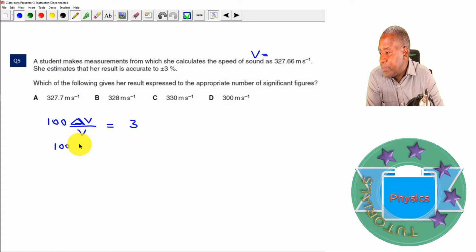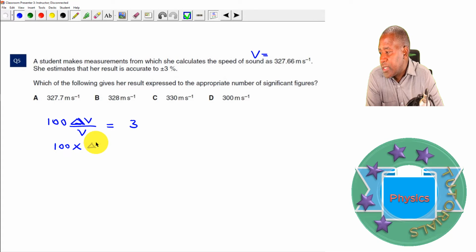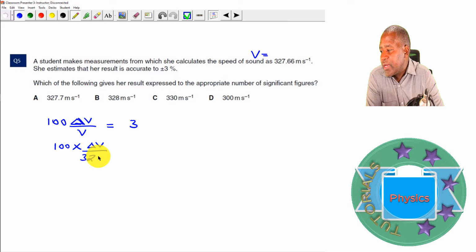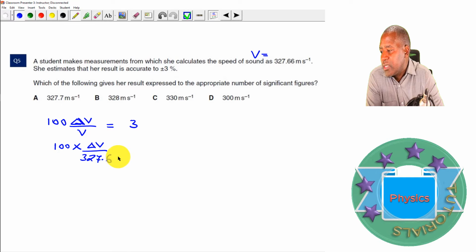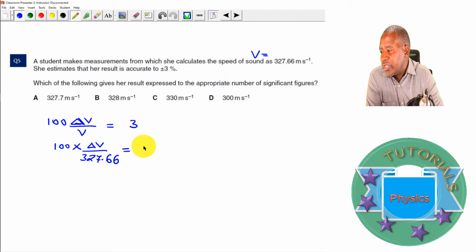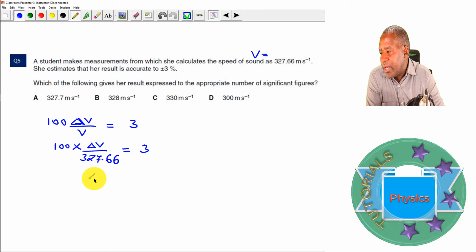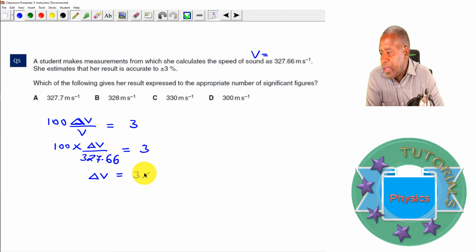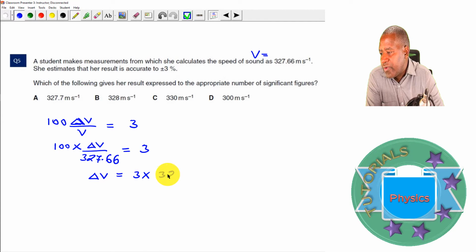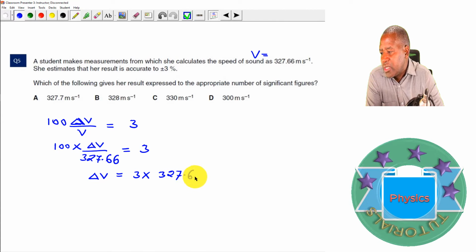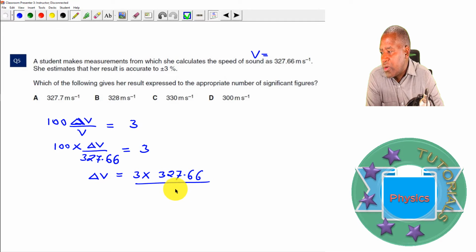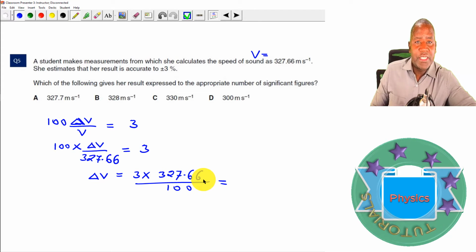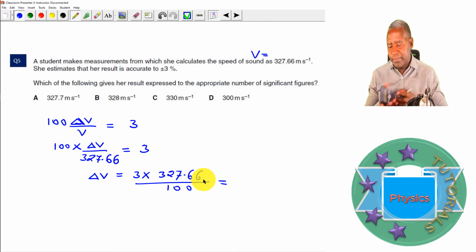So let's substitute here and see what we get. We've got 100 times delta V over the value of V is 327.66. This should give us 3. And we can get now delta V as 3 times 327.66. All that we divide by 100. Let's see what we get when we calculate this.